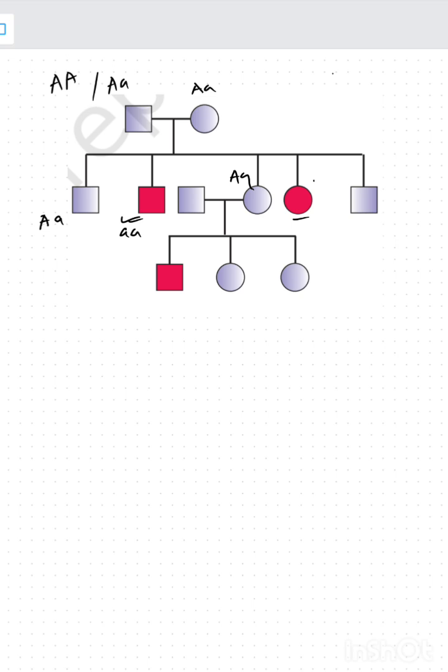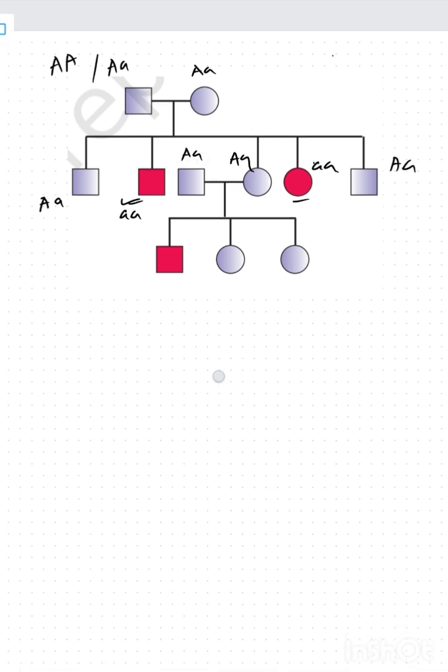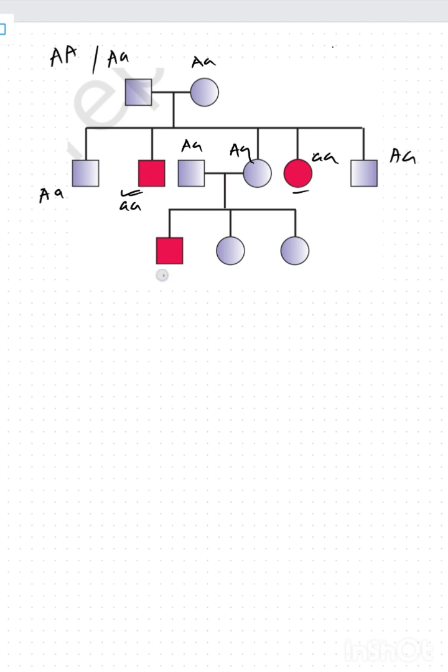Now that lady, who is a carrier, married a normal person. I have taken capital A, small a. So what will happen? Then one will be small a, and here you can use capital A, small a. Now I have taken capital A, small a.